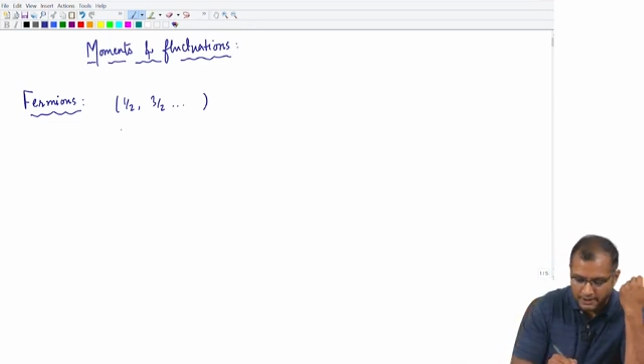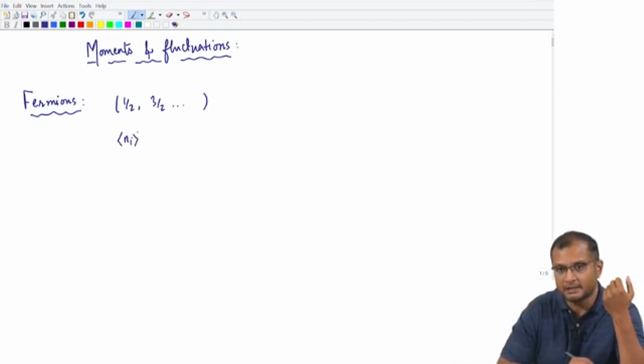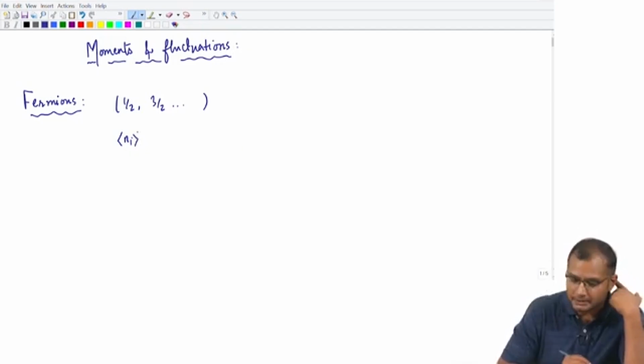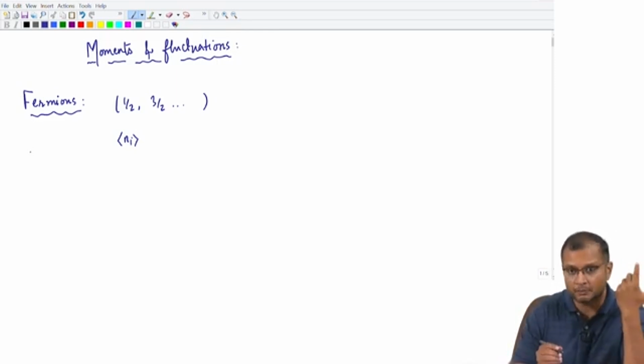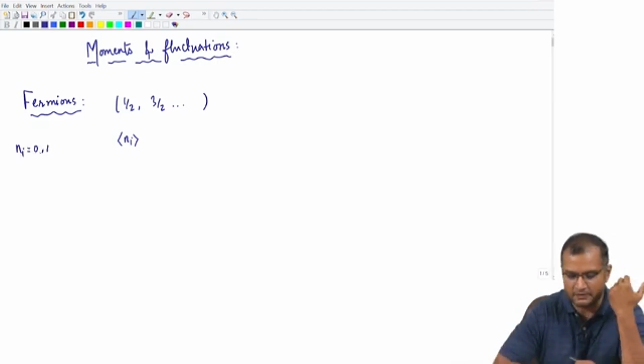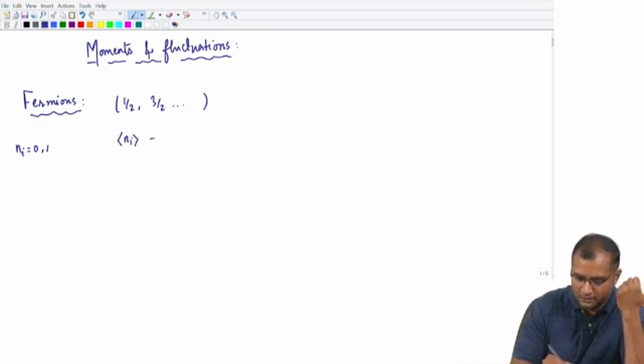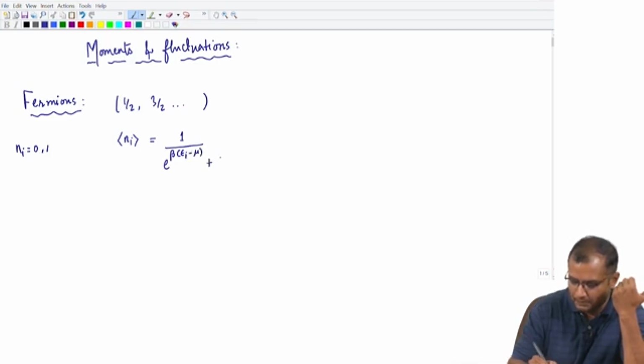So, if you recall the average occupation number of any level i, a single particle state, and if I am interested in the average occupation number, we know that Ni can be 0 and 1 for fermions, but the average Ni is not 0 or 1. So, this is computed as 1 over e to the power beta (Ei minus mu) plus 1.